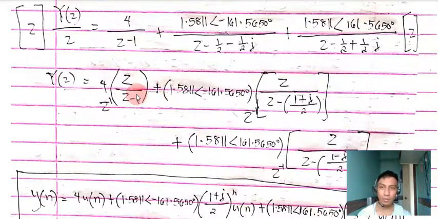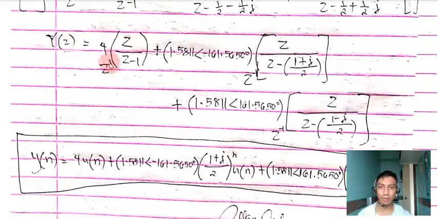So, by taking its inverse, we have 4 inverse of z over z minus 1 plus 1.5811 angle of negative 161.5650 inverse of z over z minus 1 plus j over 2 plus 1.5811 angle of 161.5650 inverse of z over z minus 1 minus j over 2.